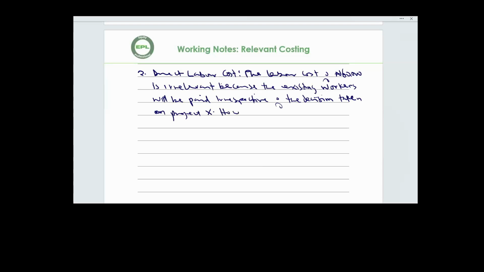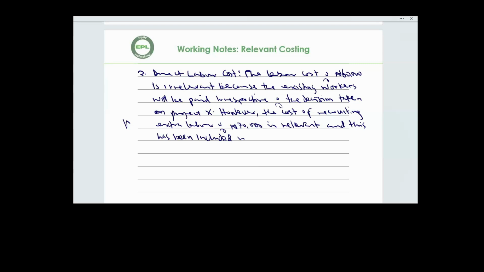However, the cost of recruiting extra labor of 70,000 naira is relevant, and this has been included in the calculation.